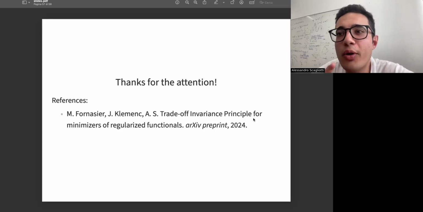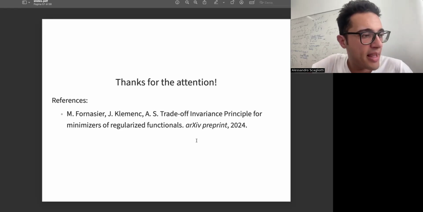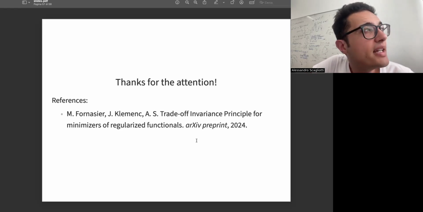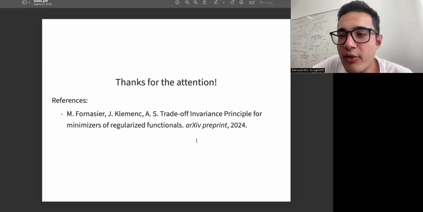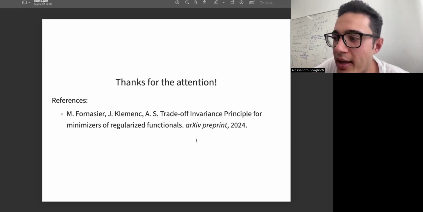Yes, so we were inspired, indeed, very good point. We were inspired by a passage in the Green Book, so in the Ambrosio Gigli Savaré, when defining the minimizing movement scheme.